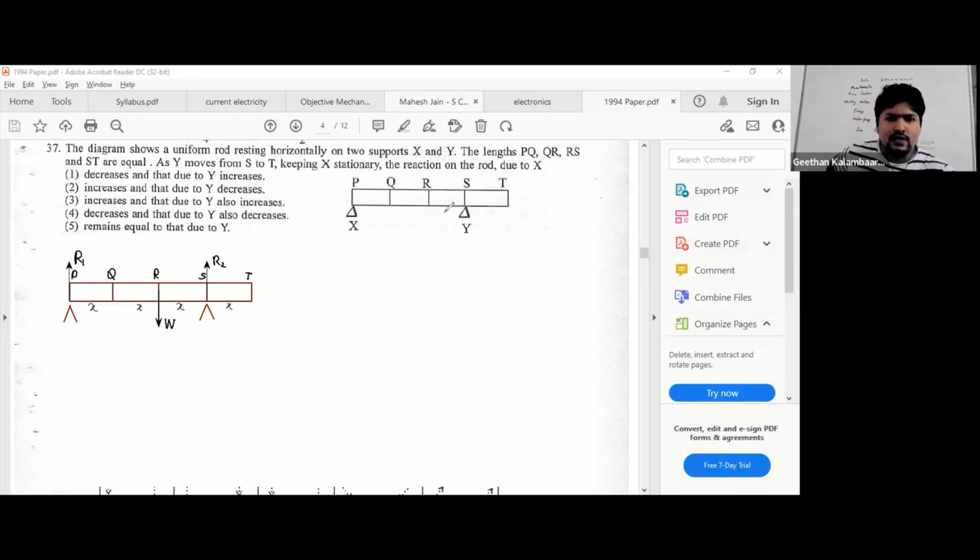So what you do is that as Y moves from S to T, you're going to change this length. You're moving this in this direction, right? So I'm going to move this as well.